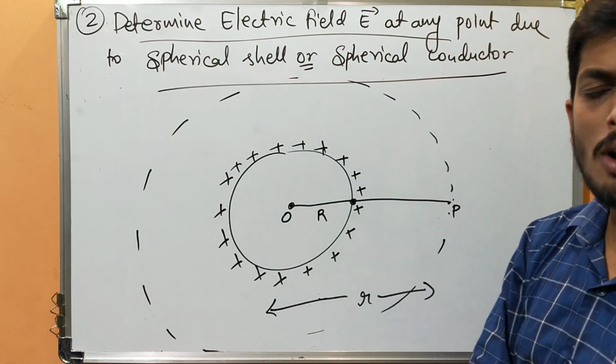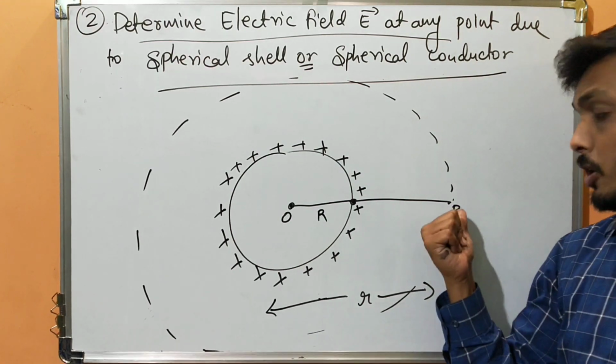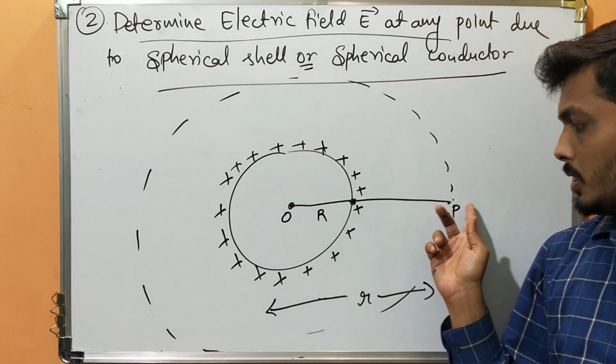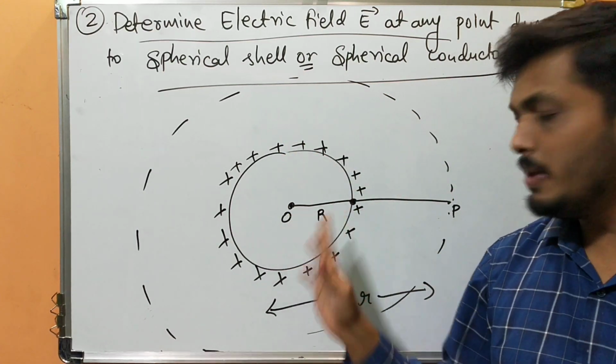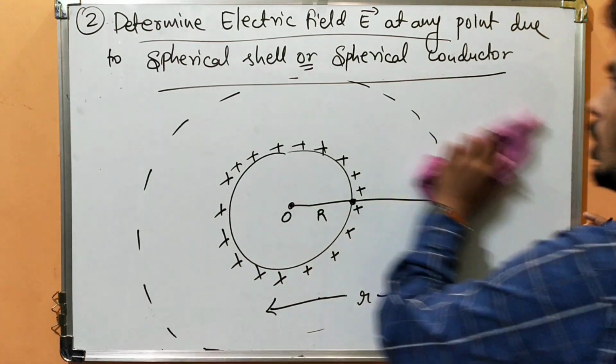We cannot directly find it because the point may lie outside the shell, on the surface, or inside. So we will use three cases and then apply Gauss law.